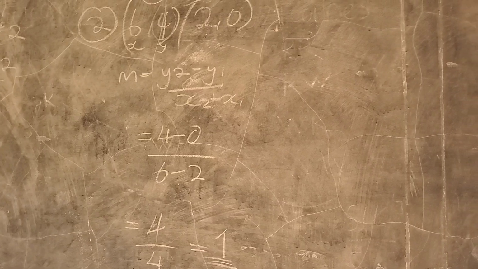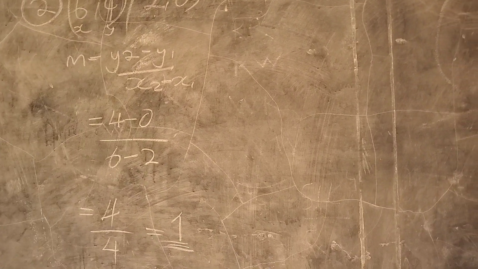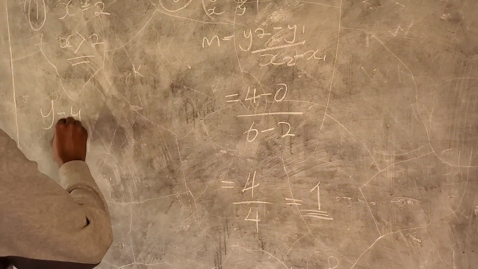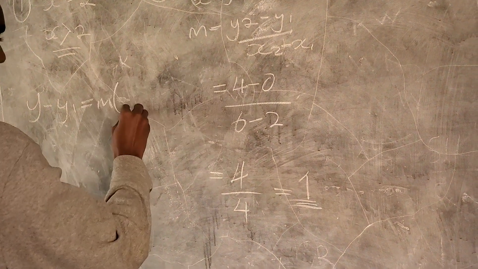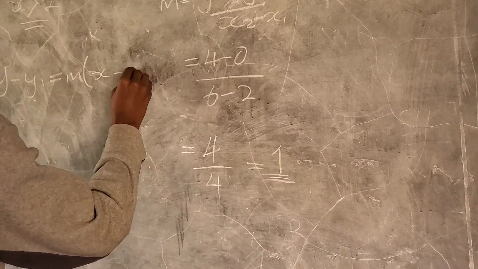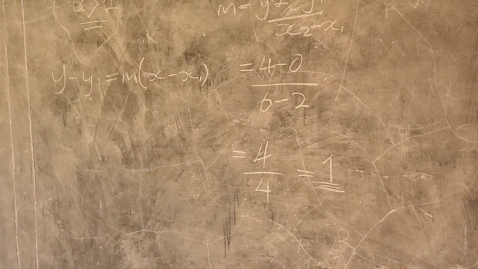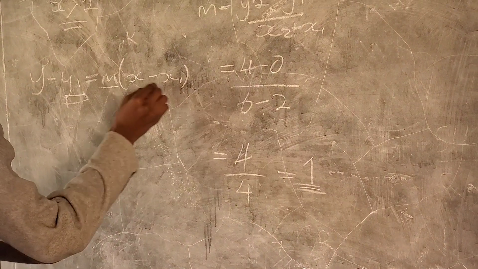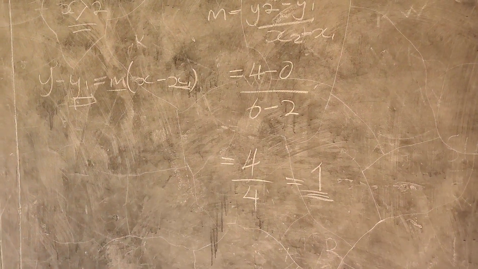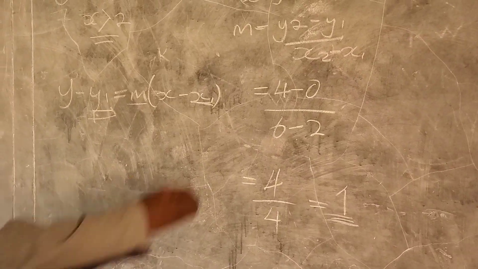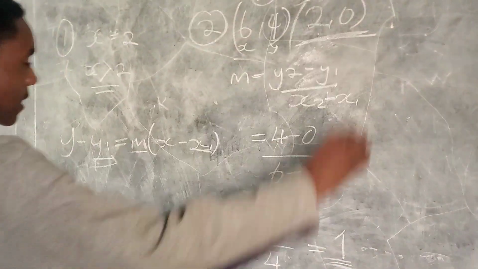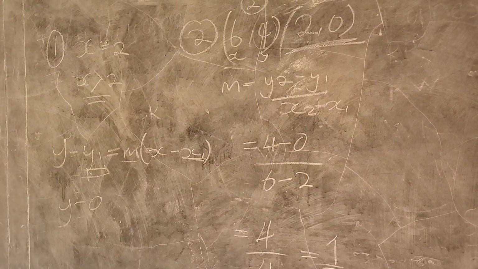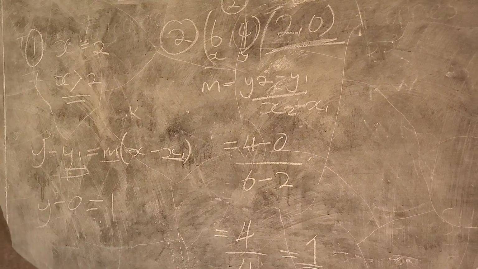Our formula for finding the inequality after we found the gradient is y minus y1 equals m open bracket x minus x1 close bracket. So we only replace these. What do we have for y1? You can use this or this, but I'd rather use this one. We have 0 there, equals 1 for our gradient.